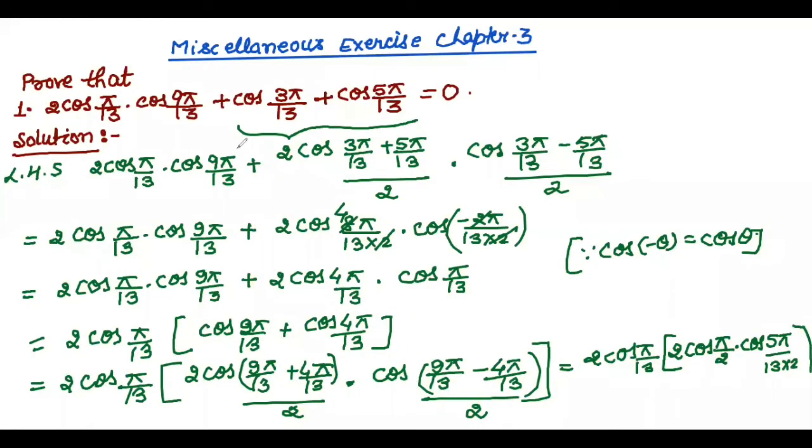We know that cos pi by 2 is 0. All are in product form, so if we apply cos pi by 2 equals 0, then the whole value will be 0. This equals the RHS. We got the RHS value, so proved.